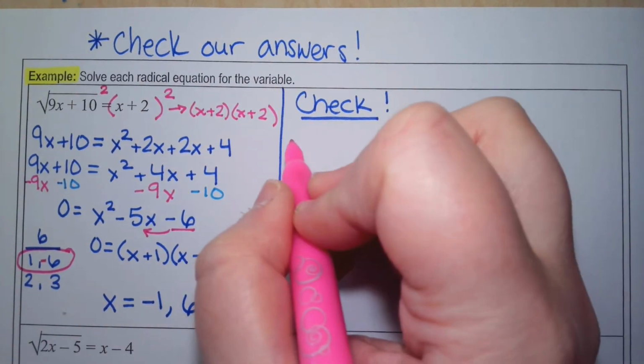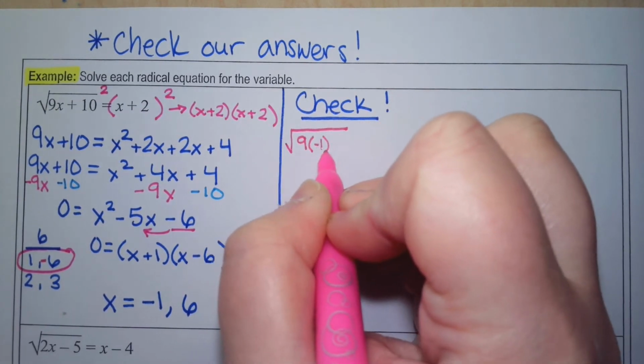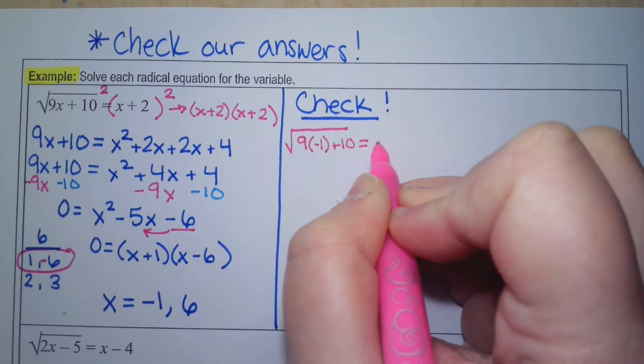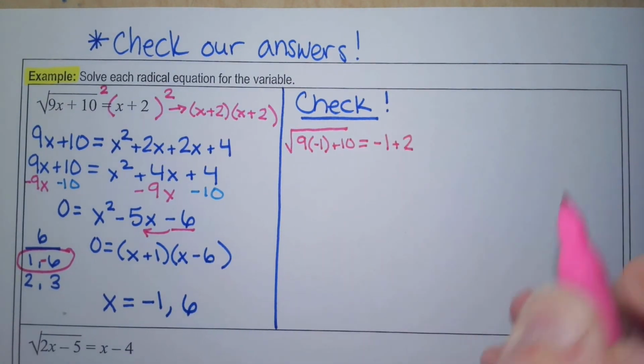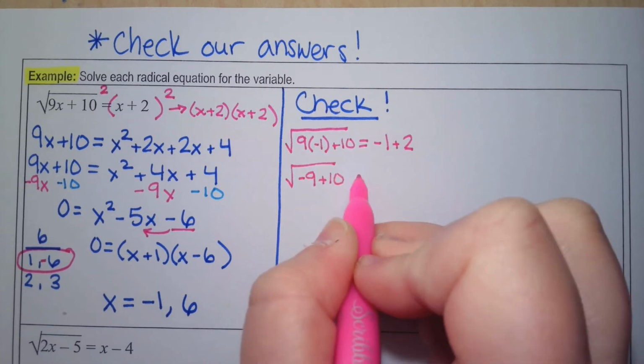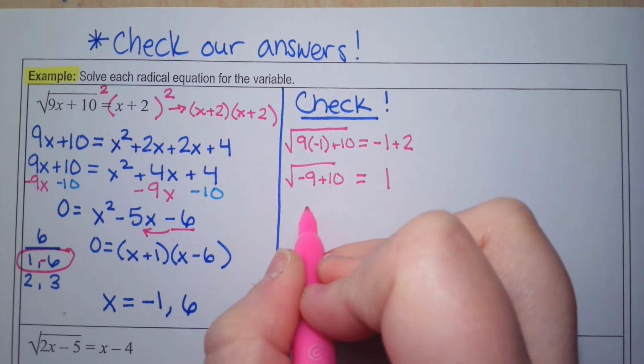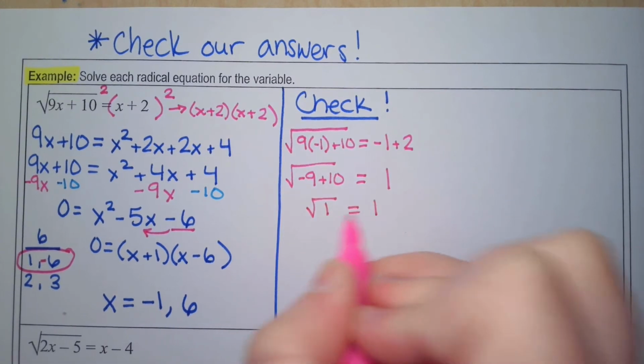So we're going to check the square root of 9 times negative 1 plus 10 is equal to negative 1 plus 2. So we have square root of negative 9 plus 10 is equal to, this is positive 1. Negative 9 plus 10 is 1.